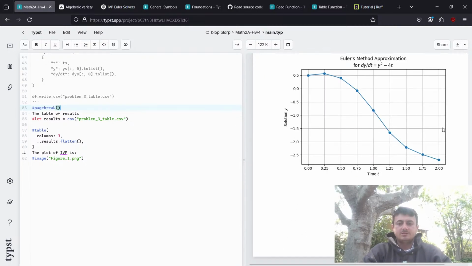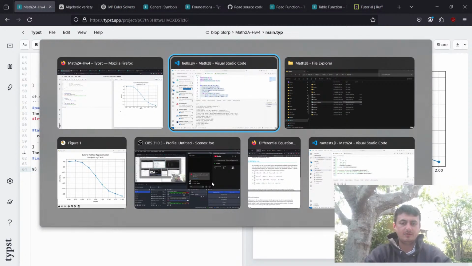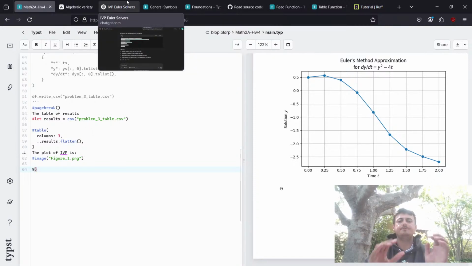All right. Looking pretty good, man. I think we did the entirety of the problem, right? Is there anything else that we need to do? Euler's method. Euler's method.